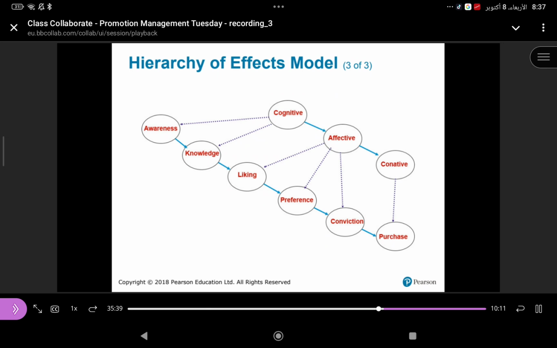Now, all these things are related to motivating a customer to purchase a product. If you talk about Al Ittihad Football Club, they have started having a partnership with STC and Aramco.